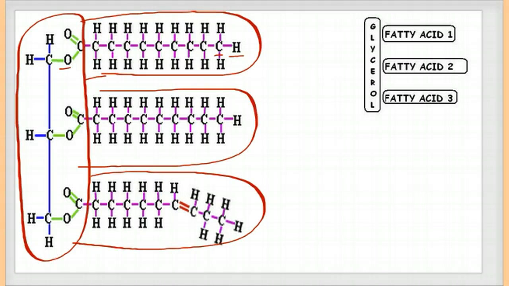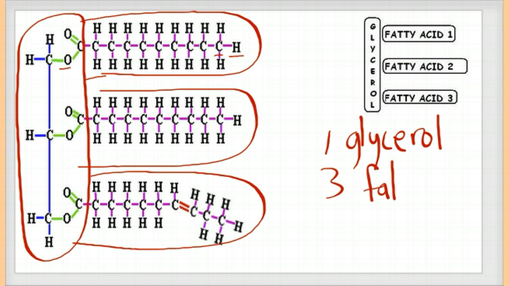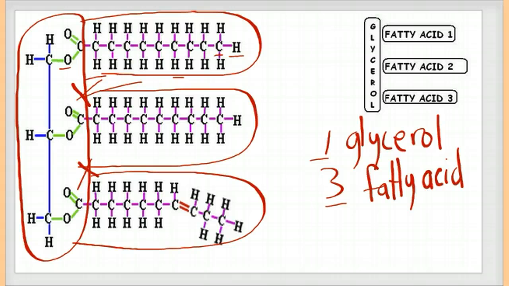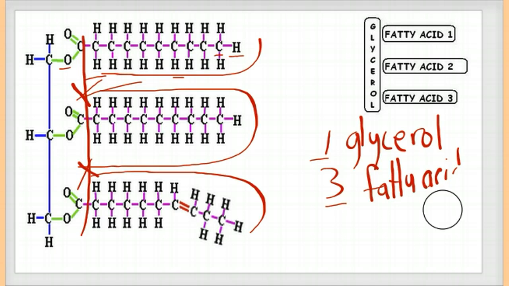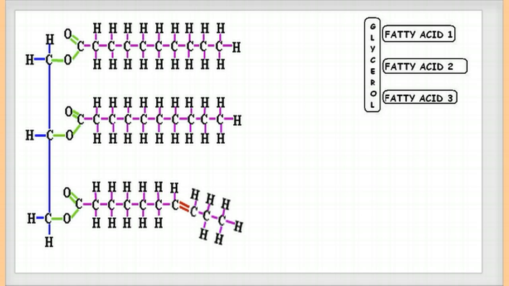A lipid molecule is made up of one glycerol combined with three fatty acids. So if I break this fat molecule up, I will have one glycerol and three fatty acids. And that's all you need to know about the structure of lipids or fats.